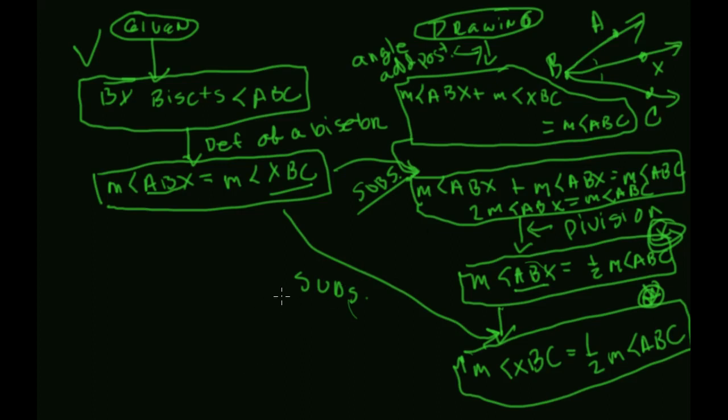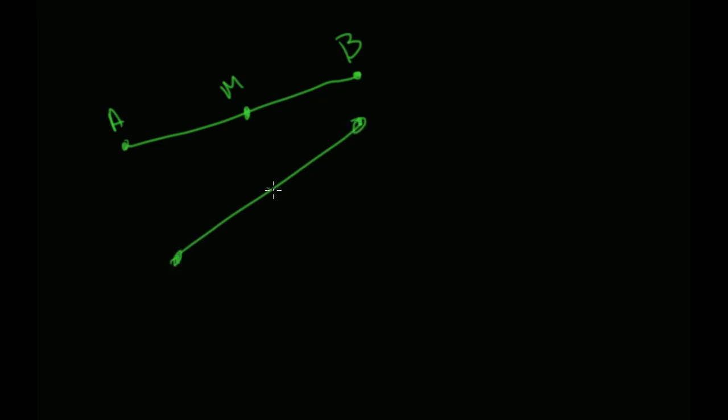Okay, the other uncommon use of proof is what we call a paragraph proof. To demonstrate this, I'm going to start with a drawing where I have A, and this is M, and this is B, and I have another drawing where I have C and N and D, and we're going to give some information here.